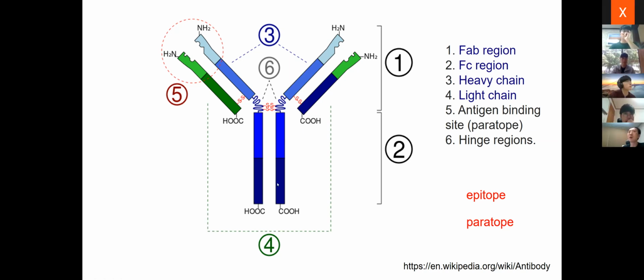Altogether, this is 150. It's smaller than 25 kilodalton, about 25. We can approximately say so, right? So this is a third, and then half of it is about 25.